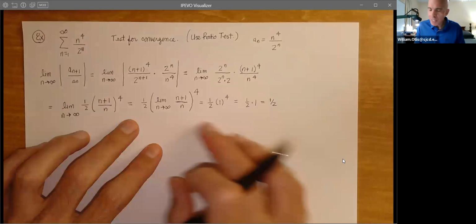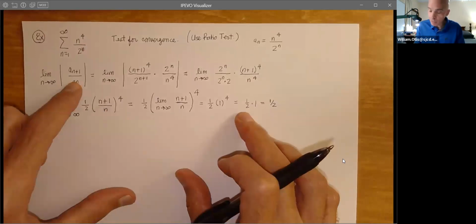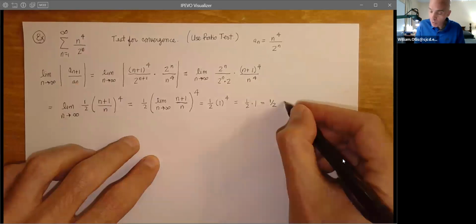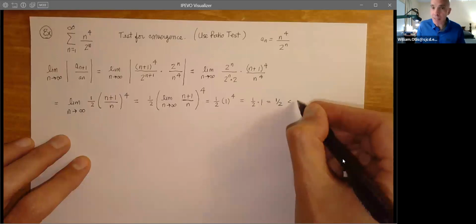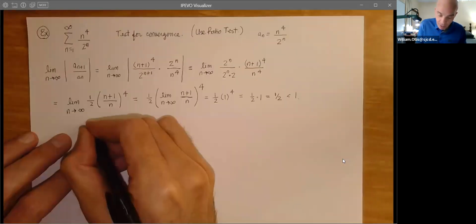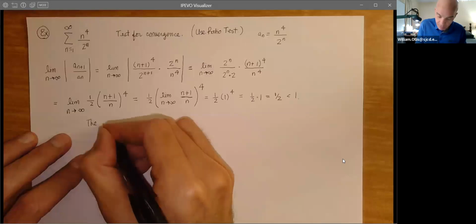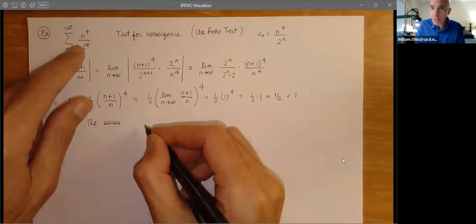So now we see that the limit of the ratio here that we have in absolute value is clearly less than 1. So you can do this if you like, just to kind of make the point that you've utilized the theorem. Then we'd say the series. At this point, you don't have to always write the series again.